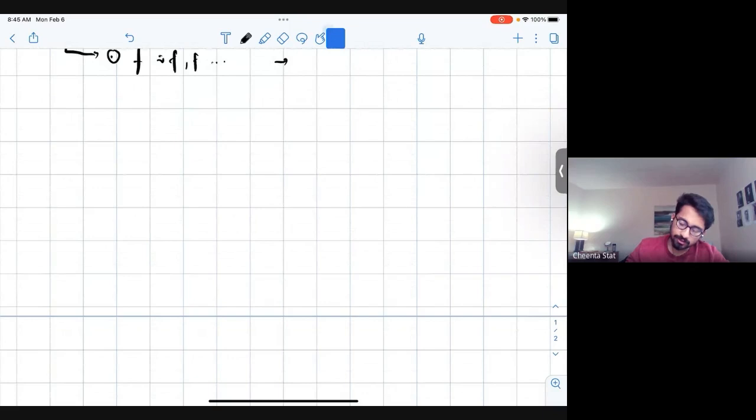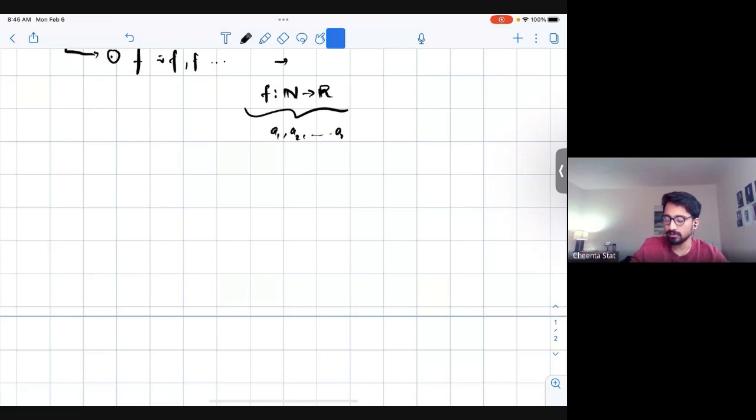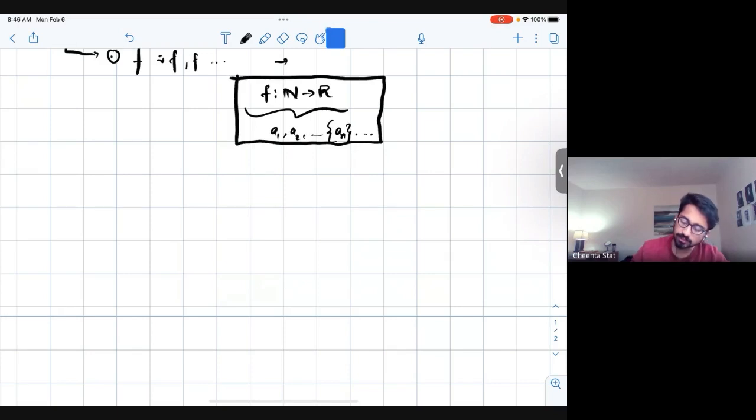That means a sequence, f from N to R. You can also represent it as a1, a2, dot dot dot, an, and it goes on, right? Each of these can be denoted in two possible ways.